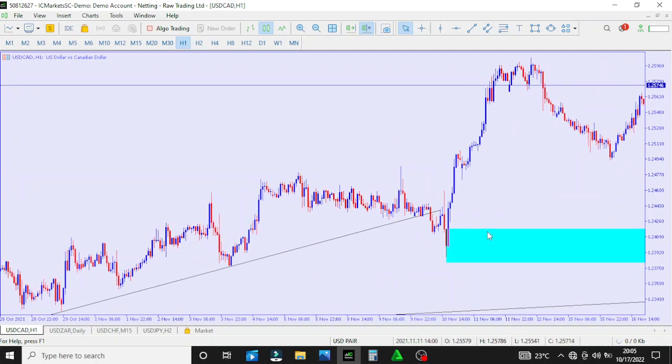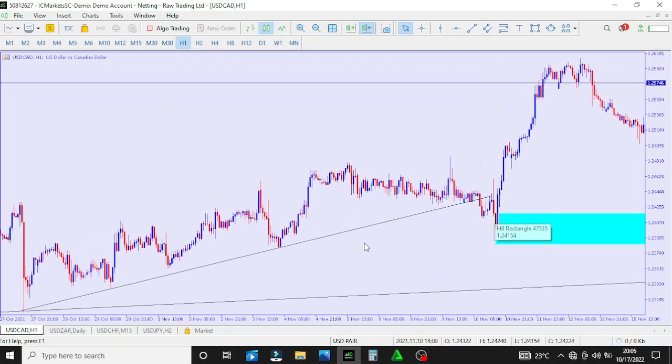This point of interest is significant because it manipulated this liquidity, and after this move, on the break and retest, traders are selling this bearish engulfing candle.